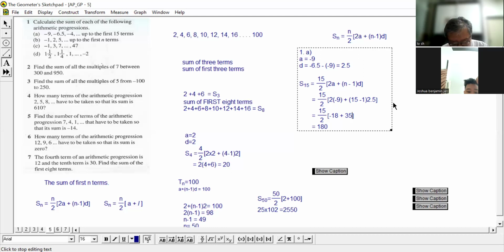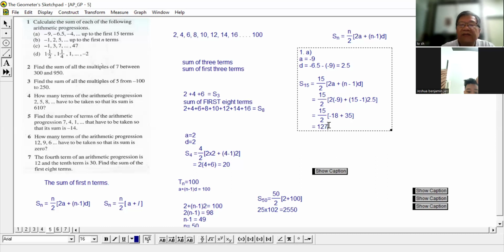Times by 7.5. Correct. The answer is 127.5. Now, how come this number is not a whole number?